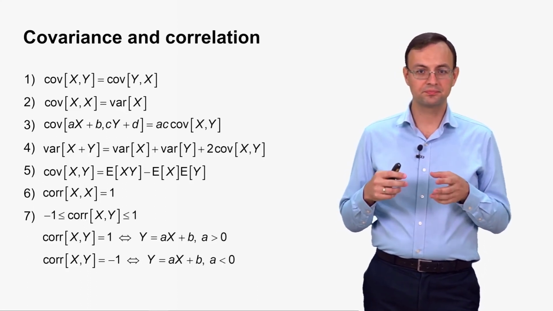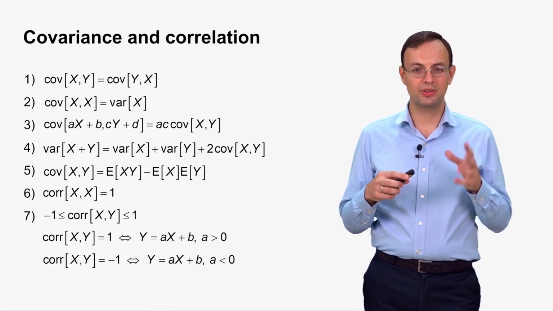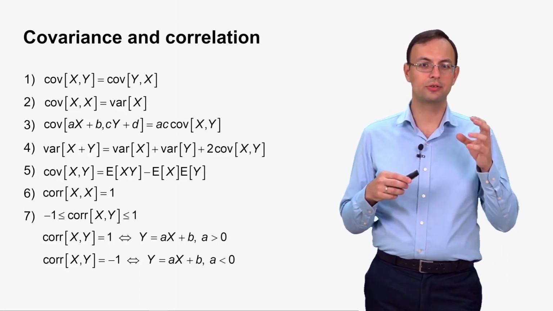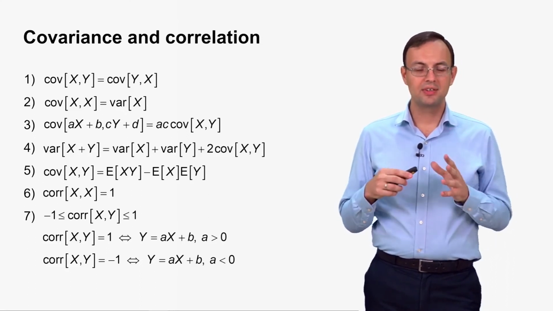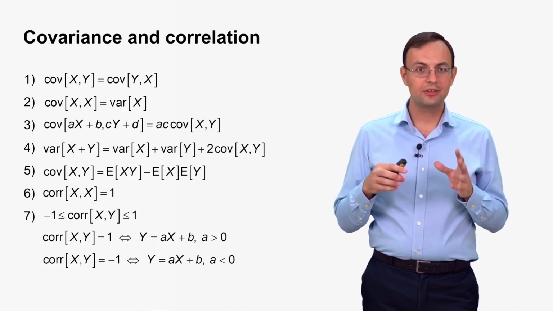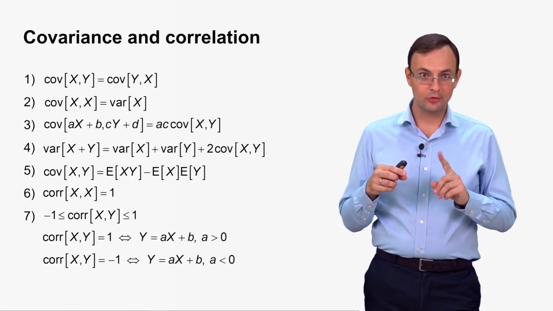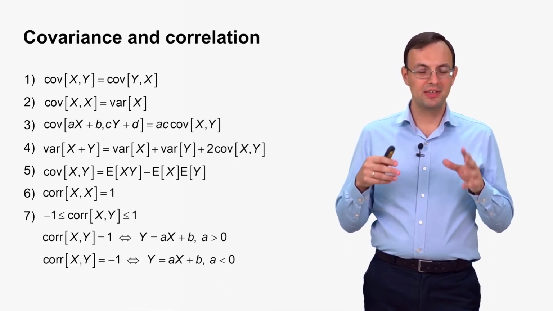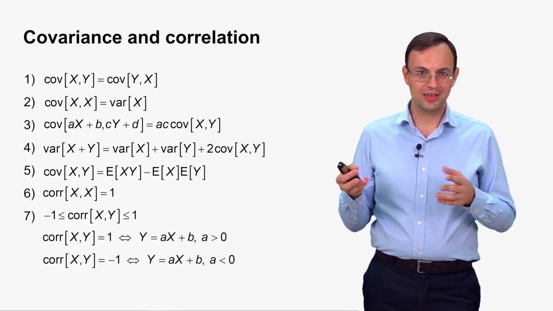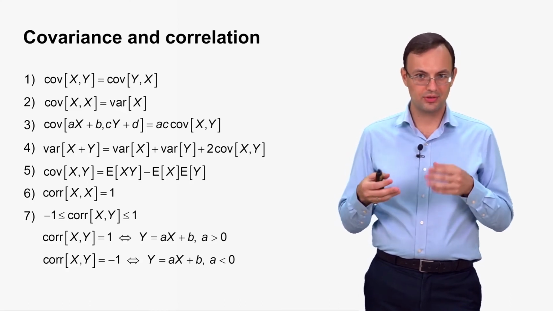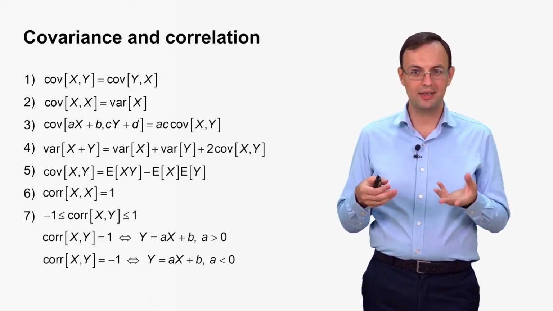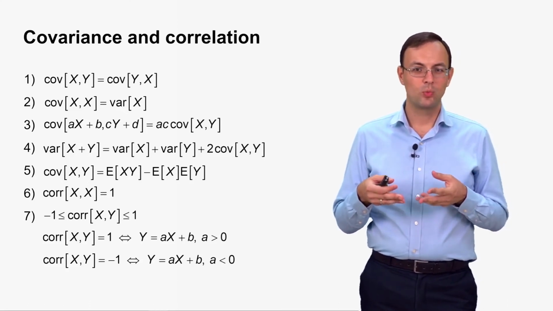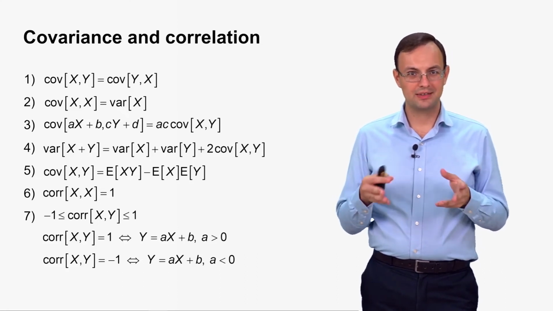So situation of correlation equal to 1 or to -1 means that there is a linear functional dependence, not statistical but functional, between x and y. So that means that if you know x, then you can calculate just the value of y using this formula, y equal to ax plus b.